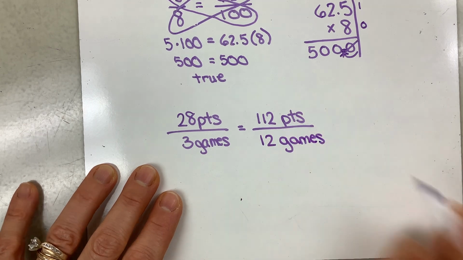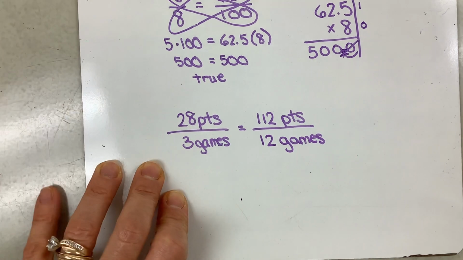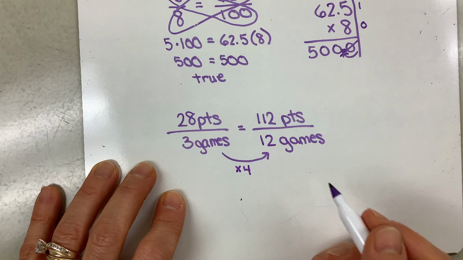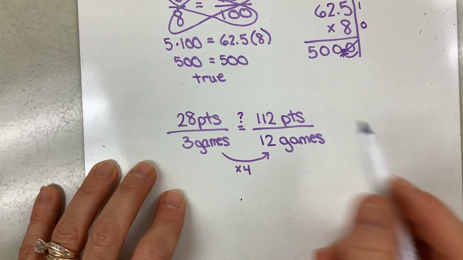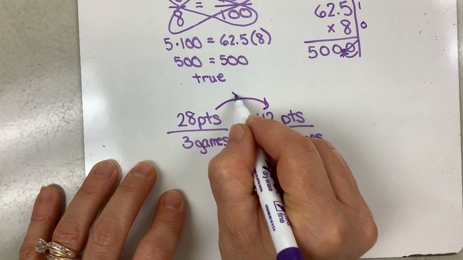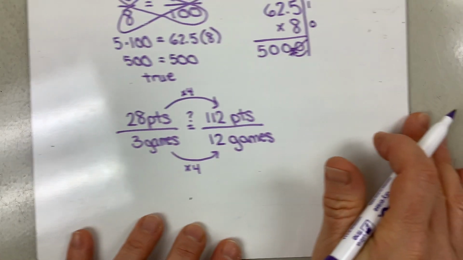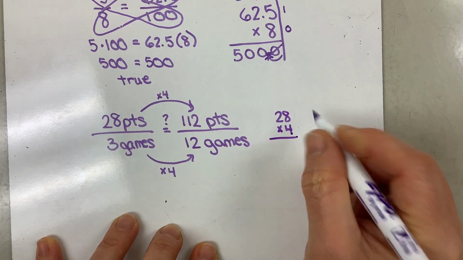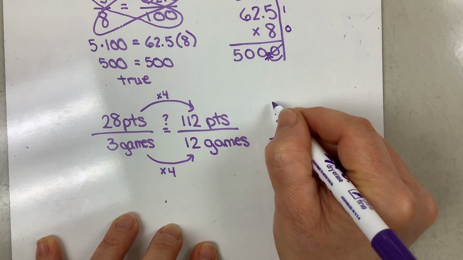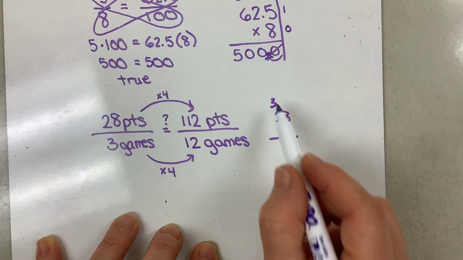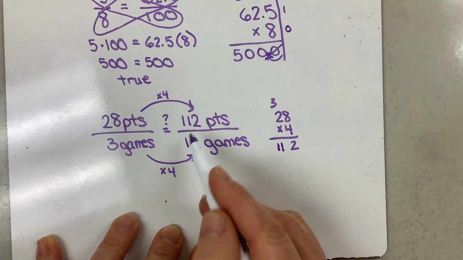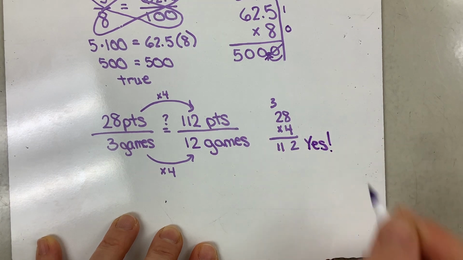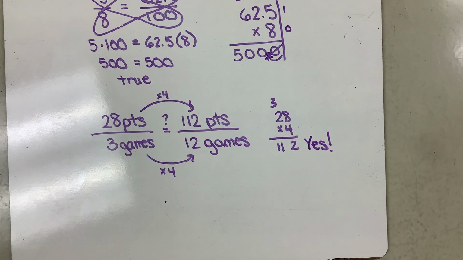Okay. Now, I know 3 times 4 gives me 12. So what I'm going to do is I'm going to see, can I do the same thing? Can I multiply 28 times 4 and get 112? So 28 times 4, 4 times 8 is 32. 4 times 2 is 8. 8 plus 3 is 11. And yes, that is the same thing. So these are proportional.